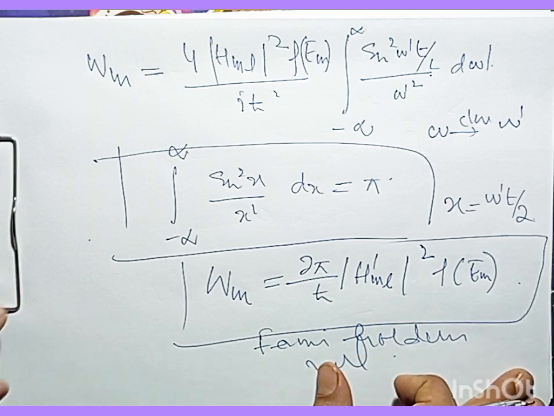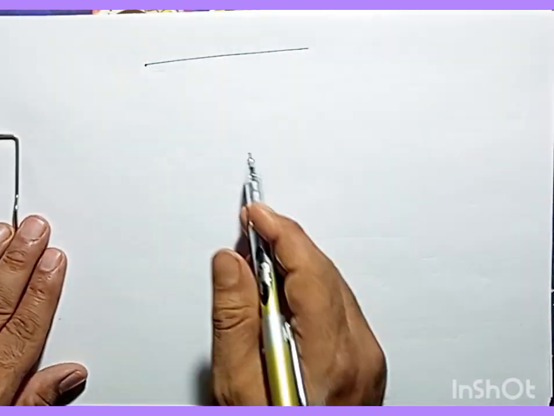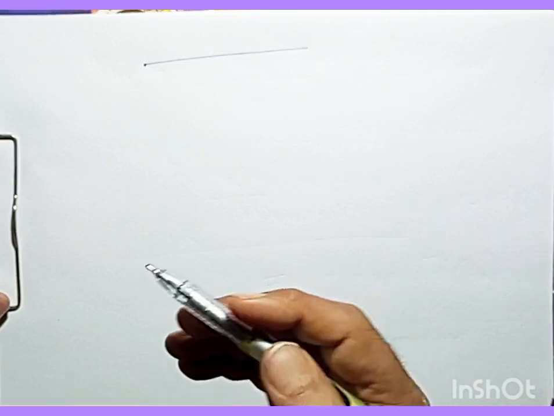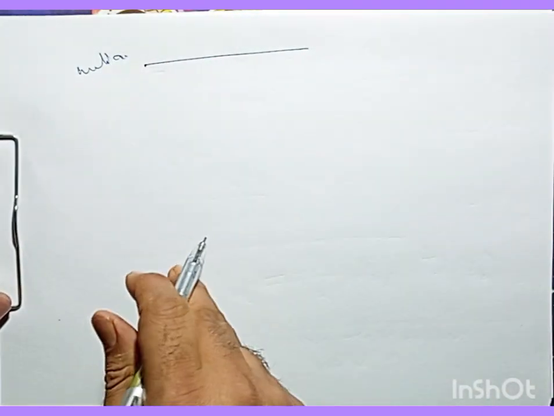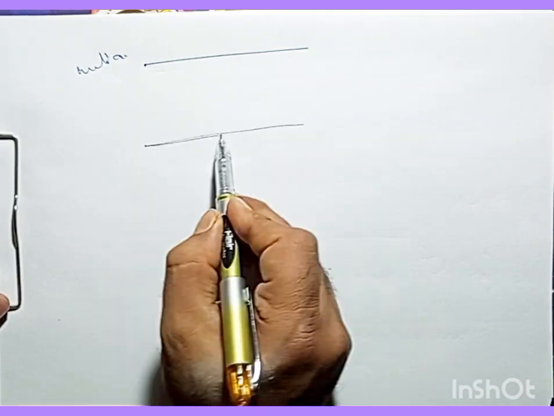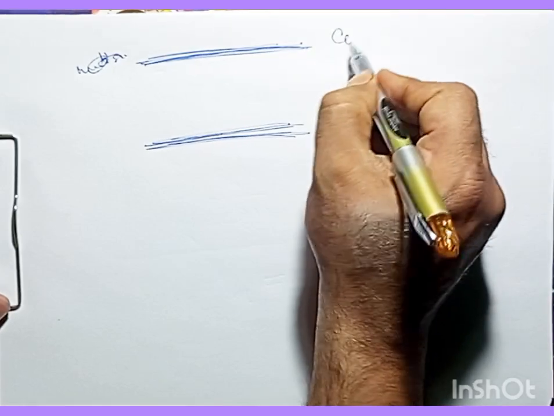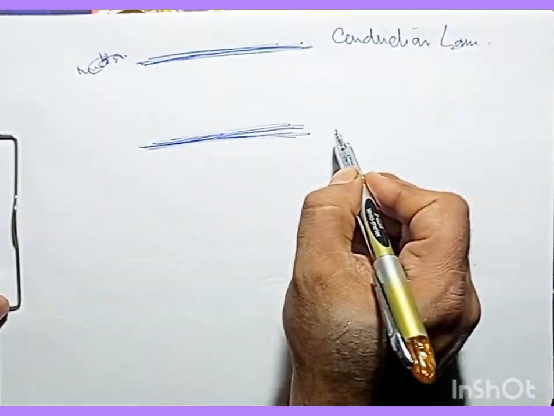Suppose the initial state is a discrete level, for example a donor impurity level, and the final state is a continuum, which I can choose as the conduction band, and some single state in the valence band.